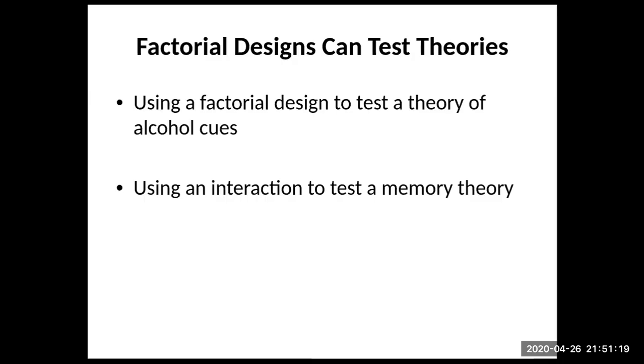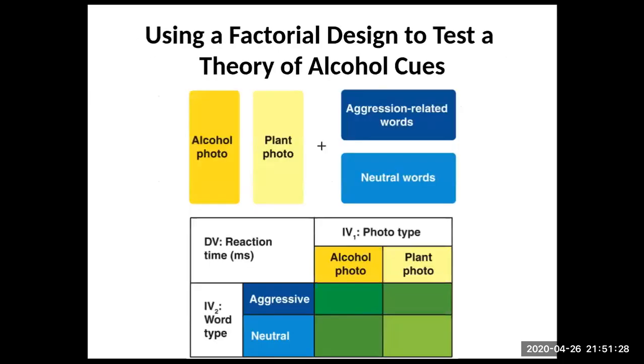We can test theories using more cues or using interactions to test memory theories. So looking at alcohol cues, we talk about how alcohol seems to make people more aggressive, at least according to that first study that we just looked at with alcohol intake and shock intensity and duration.